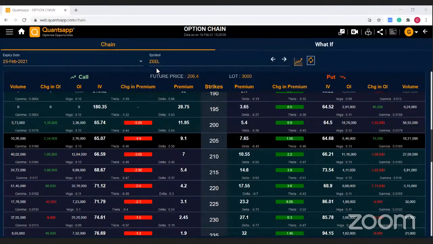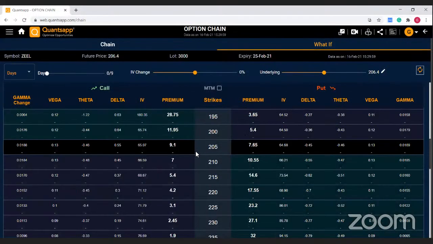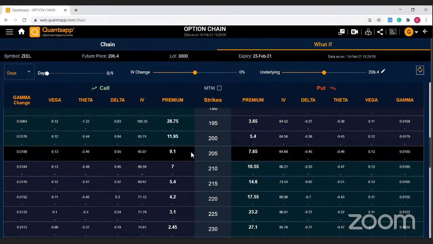I can see the future price of this stock and the lot size. Here I can see the details about all the strikes of the call and the put option. The main point is that I can see the Greeks of all these strikes, and then I can do my scenario analysis, where I can see how the option premium can be affected due to the underlying change.